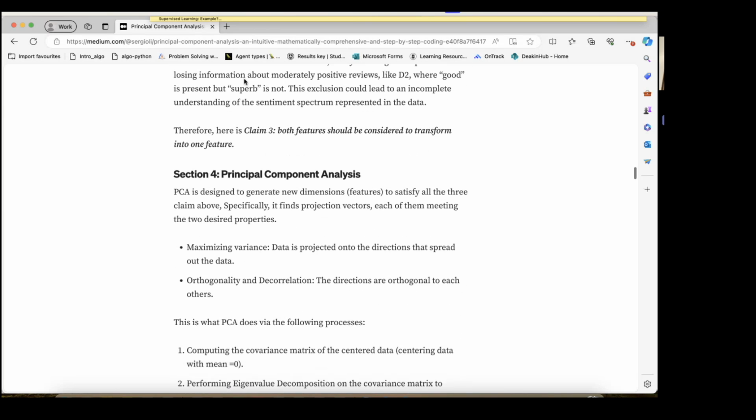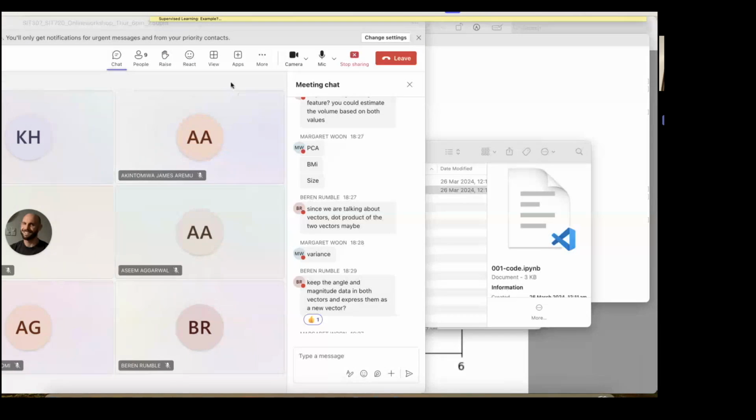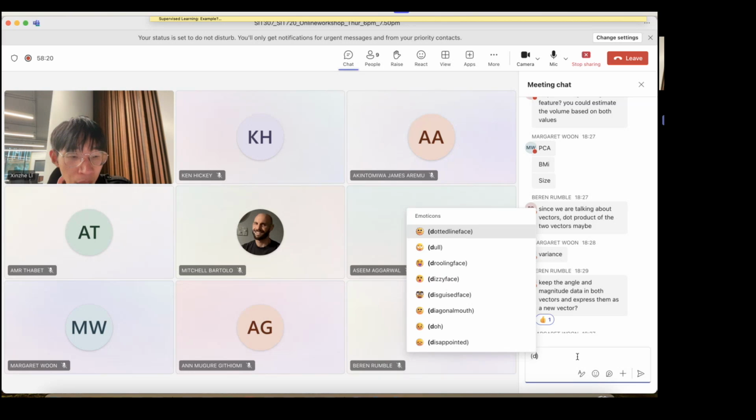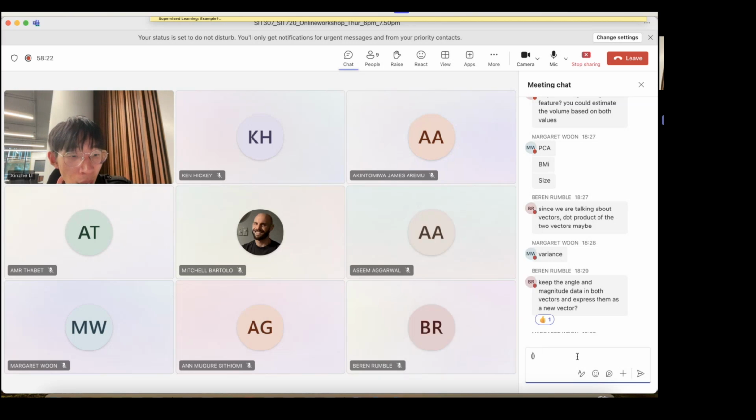Before I talk about covariance, can anyone tell me the formula for covariance? Actually, I already talked about the formula for variance. Maybe we have a value, point 1, D1 of feature 1.